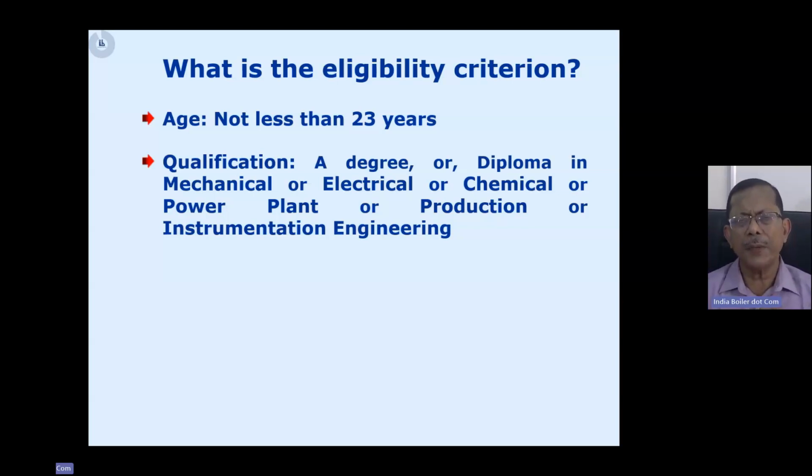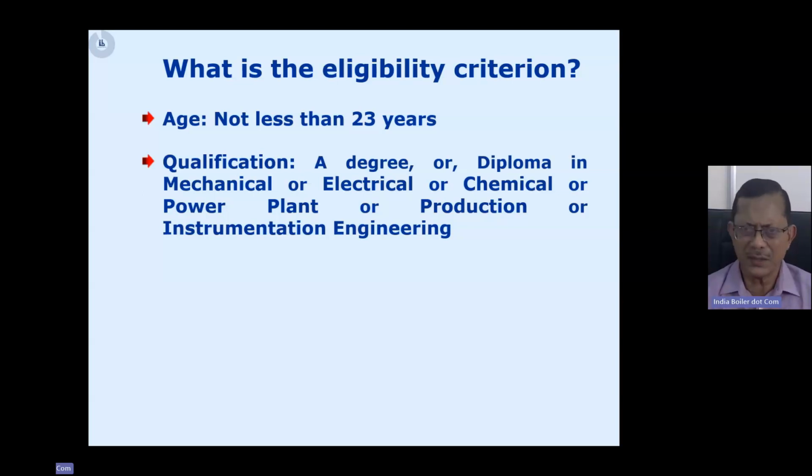Sometimes people are working in power plants, and nowadays many of the guys are going into the discipline of electronics and telecommunications. Now most of the states are not accepting this particular qualification, electronics and telecommunication.